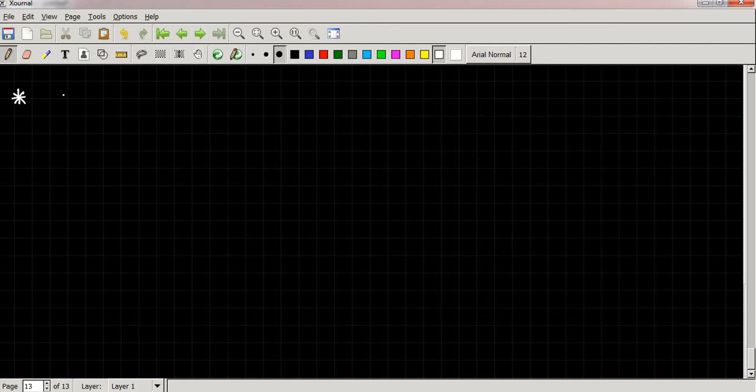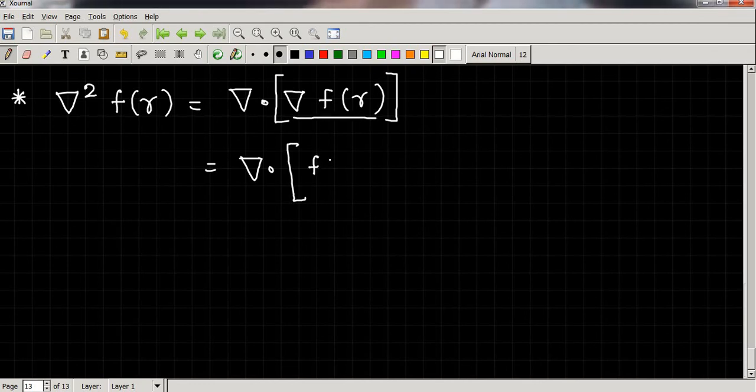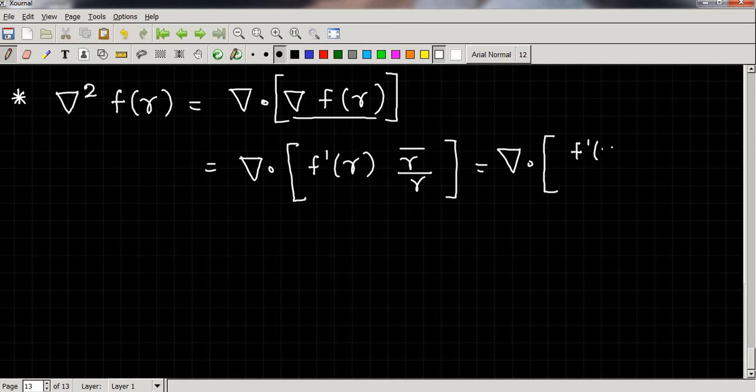Now let's take one example. Del square f of r. So del square can be written as del dot del of f of r. First we simplify this. So it is equal to del dot, since we know that del f of r is nothing but f dash of r into r bar upon r. So we separate the scalar as well as the vector part. f dash of r upon r is a scalar function, r bar is a vector function.